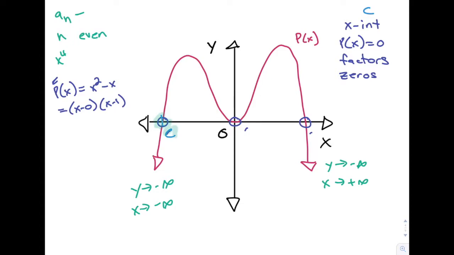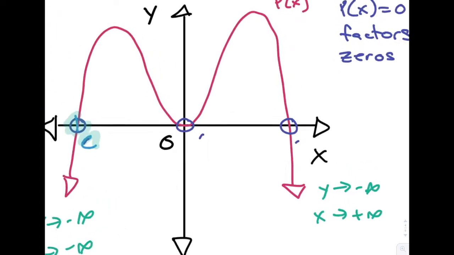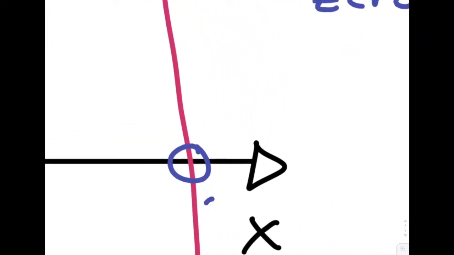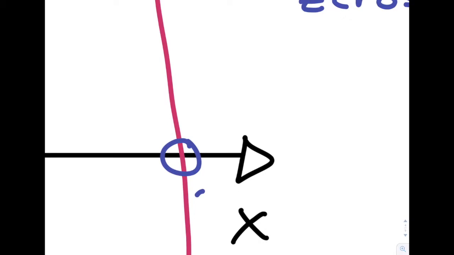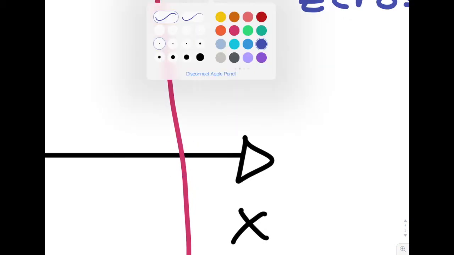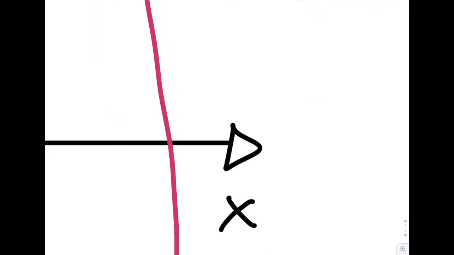Now, another thing that I want to notice with this graph is if I zoom in a little bit, I'm going to zoom in right here on this spot, and I'm going to erase this. So what I want to notice here is that when we hit that, we'll call that another c, when we cross the x-axis, what's happening to the polynomial p of x? The sign is changing, right?